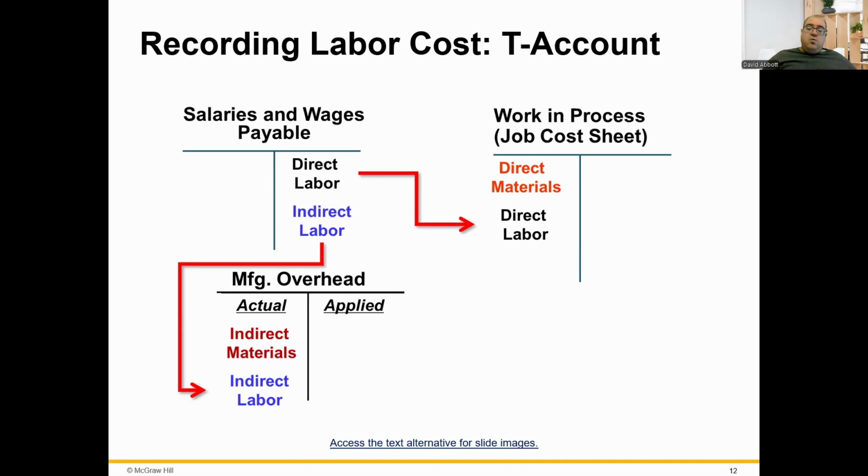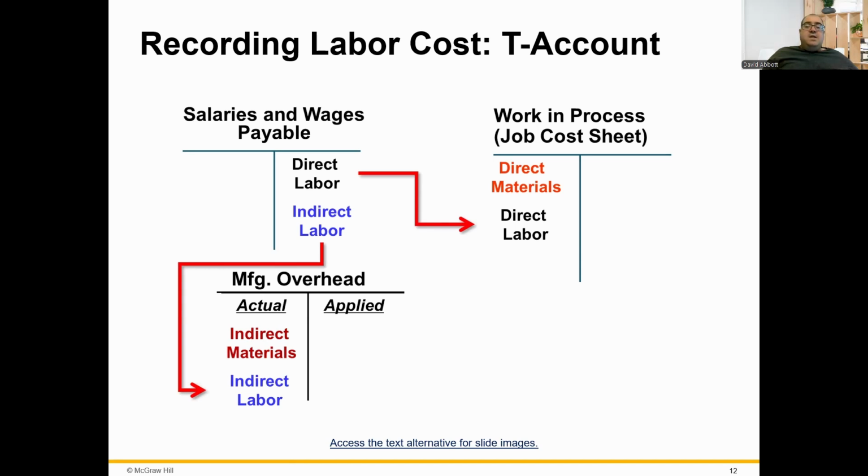And then to record labor. So direct labor costs are debited to work in progress and then added to the job cost sheet, which serves as the subsidiary ledger. And indirect labor cost would be debited to manufacturing overhead.